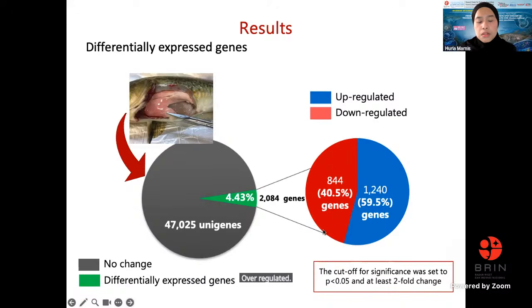When we look in more detail, around 40% of genes, or around 844, were downregulated, and around 1,200, or around 60%, were upregulated. This is based on a cut-off significance set to p-value and at least two-fold change, and the rest were not changed.